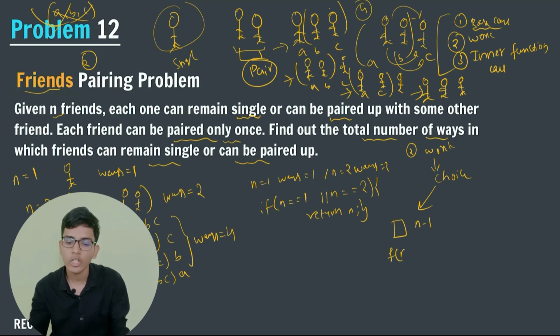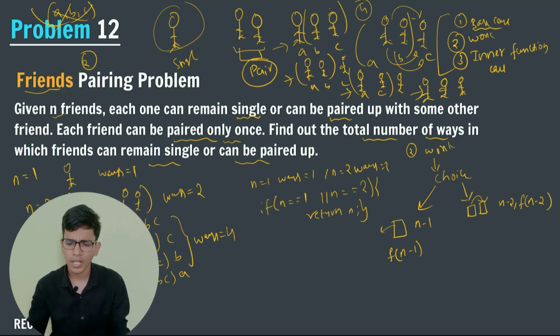So I need to find out for n minus 1 people how many ways are possible, and I can remove this person because he wants to remain single, right? If a person wants to be in a pair, then he will form a pair with another person, and the number of people left will be n minus 2, or in other words I can write f of n minus 2.